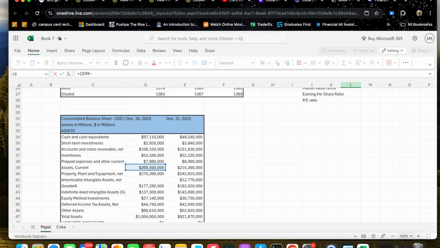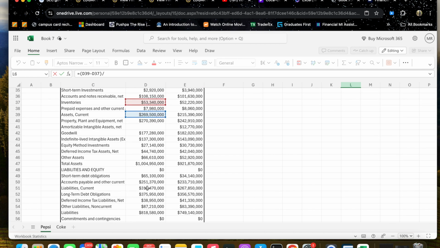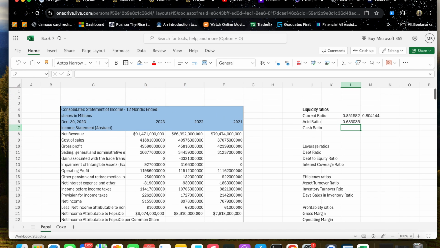This acid test ratio measures a company's ability to pay off its short-term liabilities with quick assets. So let's do it. For the year 2023 it's 0.68. Let me drag the data to the left hand side. Simply copy and paste the formula to the right hand side, and here you go, we found the acid test ratio is 0.609 for the year 2022.